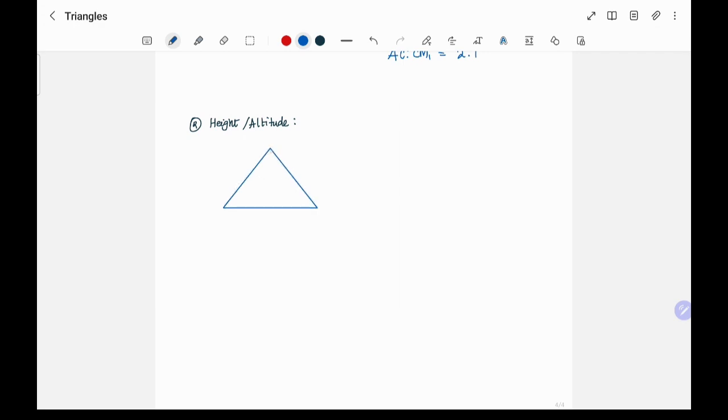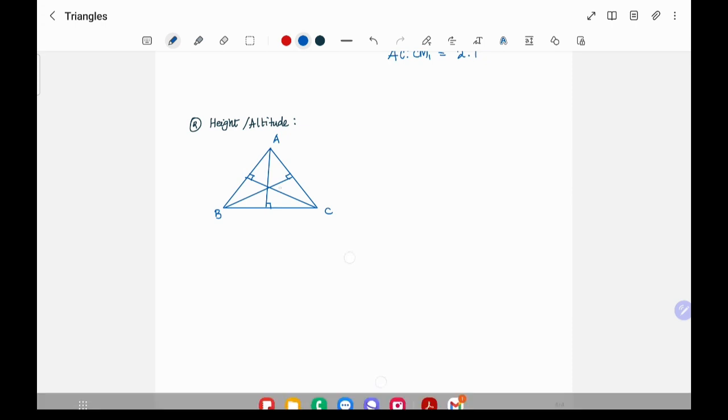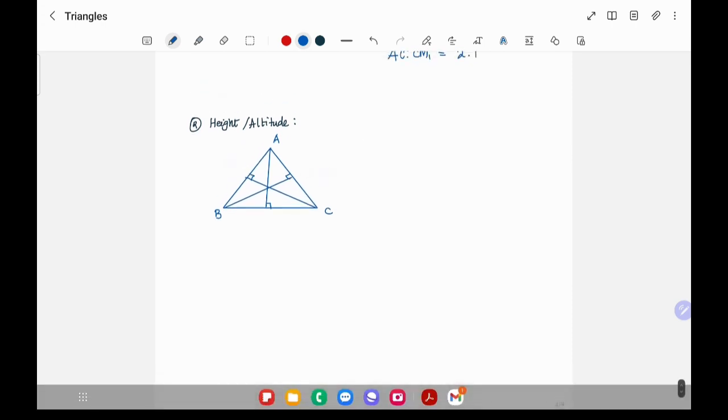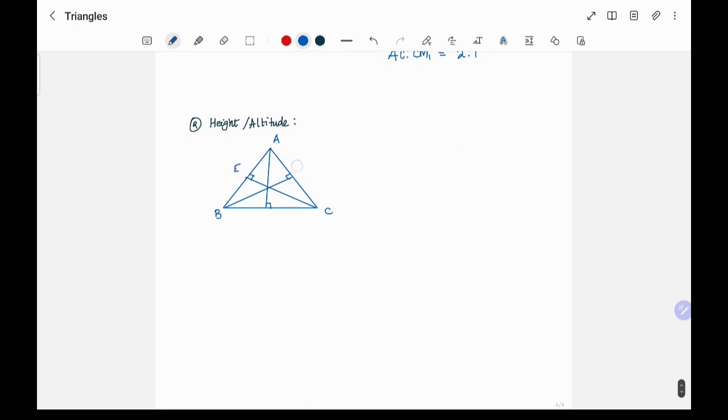So you have a triangle. If you draw a perpendicular from each vertex to the opposite side, then these are called the height or the altitude. I'll call it EFG.